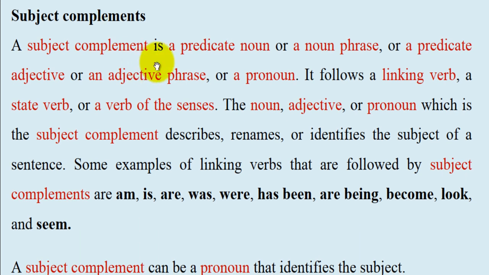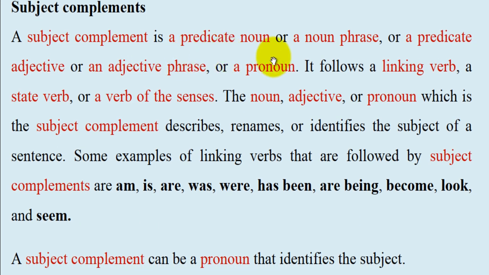Subject complements. A subject complement is a predicate noun or a noun phrase or a predicate adjective or an adjective phrase or a pronoun. A piece of advice: before you get to all this, master the subject complement on its own, the predicate noun on its own, the adjective phrase on its own, and the predicate adjective on its own, to make it easier. It follows a linking verb, a state verb, or a verb of the senses.